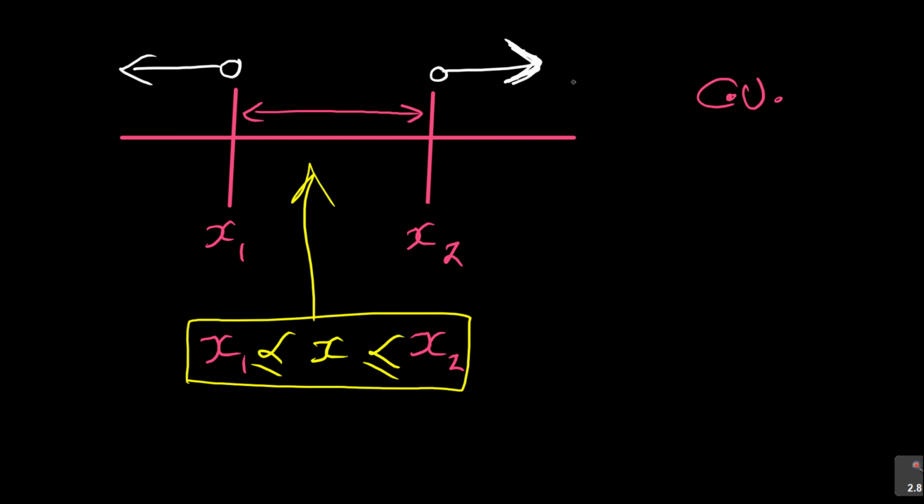So you have x, that sign, and then x2, and on this side, look at the arrow again, you have x, that sign, and then x1, meaning x is less than x1 and x is greater than x2. So these are the two possible answers you'll have. Either it's outside the region or it's within the region. So don't forget that.